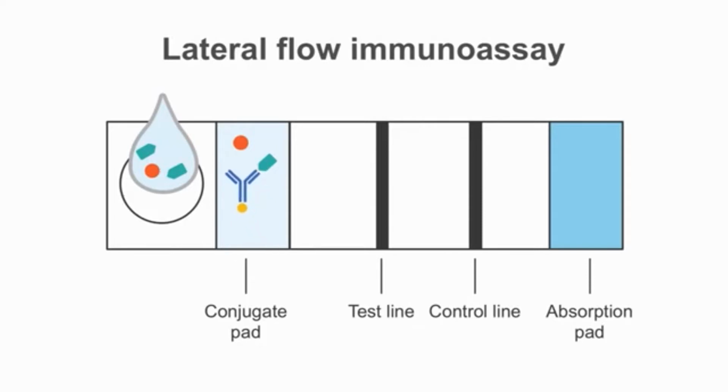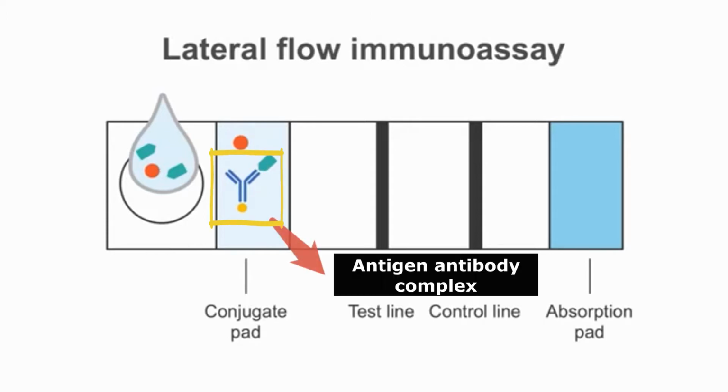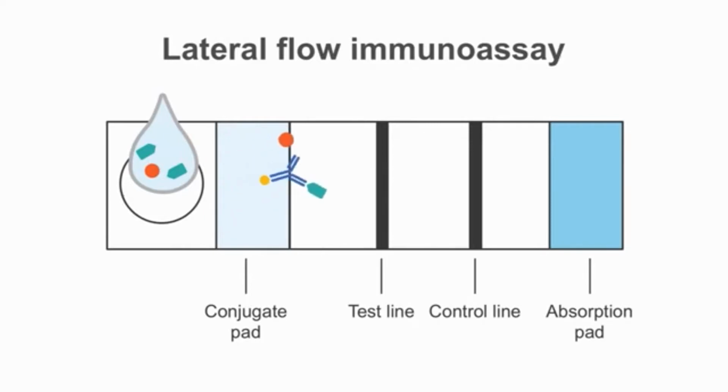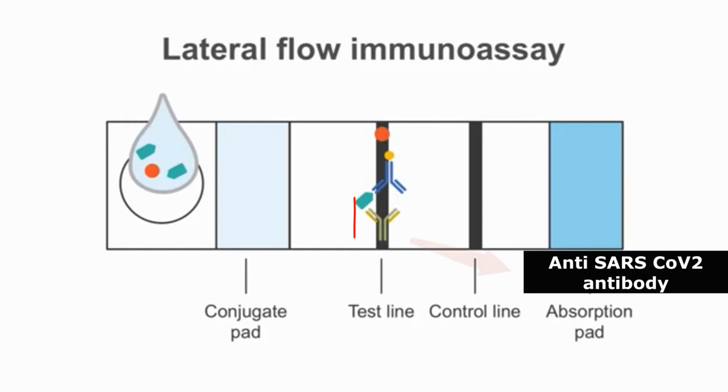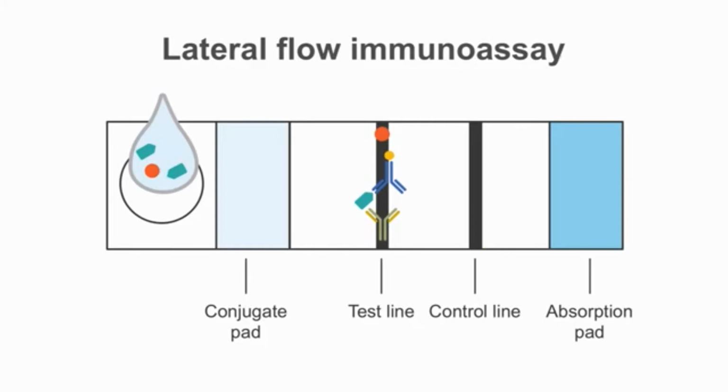These fluorescence-labeled antibodies attach to the antigens present in the sample and form an antigen-antibody complex. This complex is further transported along the strip until it reaches the test line. At the test line, there is an anti-SARS-CoV-2 antibody which is immobile in nature. This antibody will stop the lateral movement.